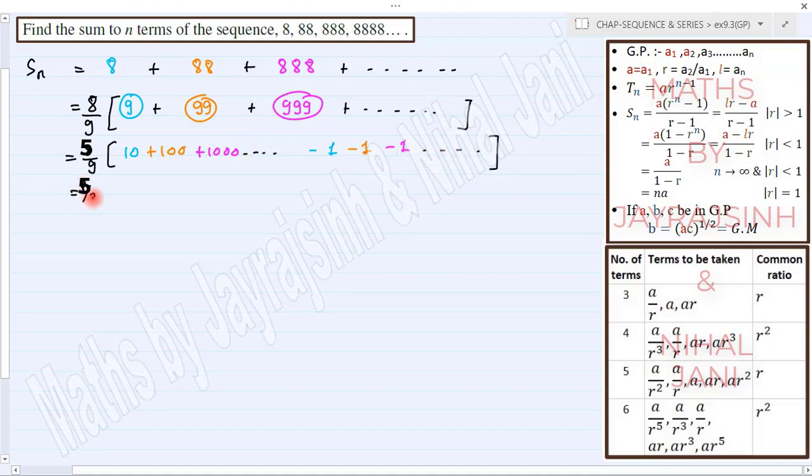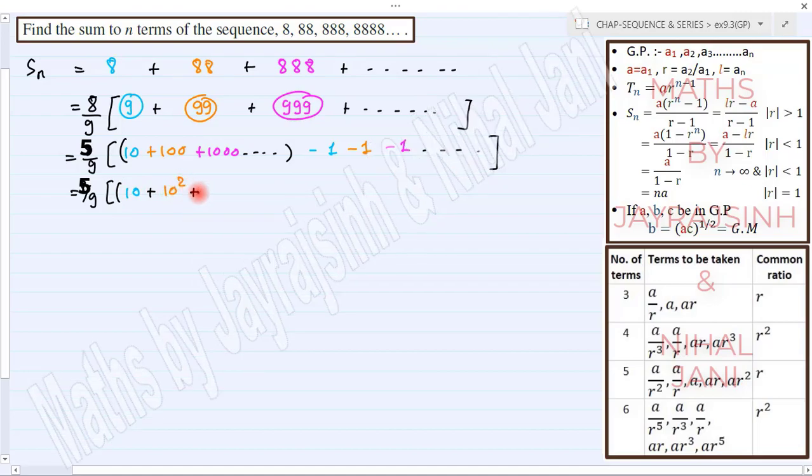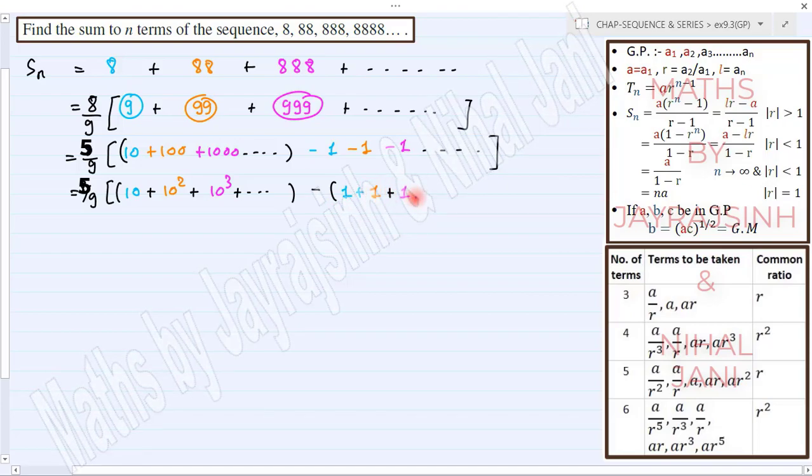So here we will get two series. In the first series, we have 10 plus 100, or we can say 10 square, then 10 cube, and so on. And from the second series, we can take minus common. You will get 1 plus 1 plus 1 up to n times.